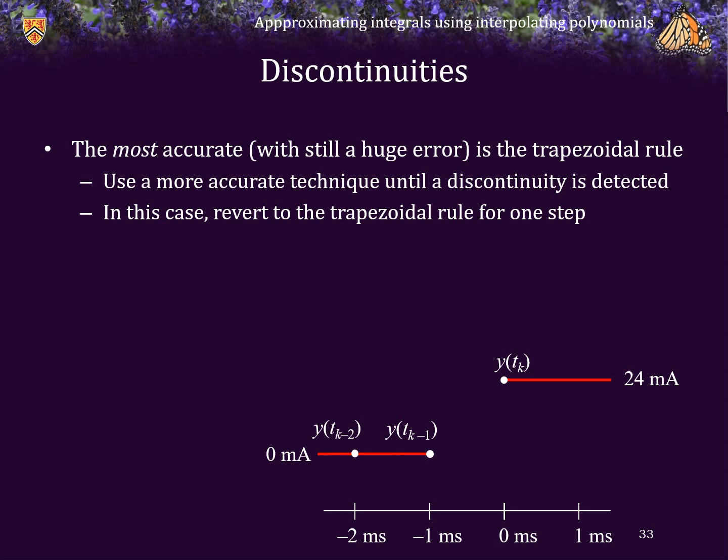So what we would do in reality is, let's say you notice that a switch is flipped, meaning that there's going to be a very large change in whatever is being read. You could then set a flag to indicate that a discontinuity is expected. If a discontinuity is expected in the last time cycle, then you use the trapezoidal rule for one step. For all subsequent steps, you would then revert to using probably a more accurate technique.